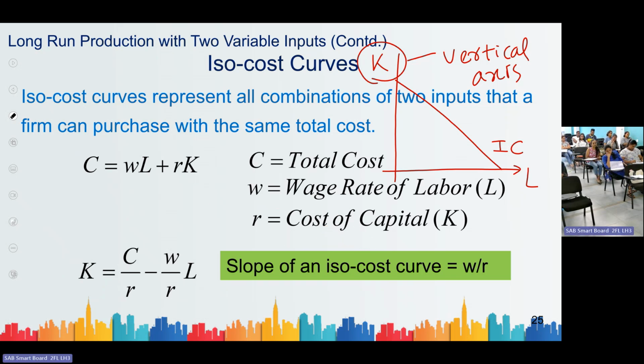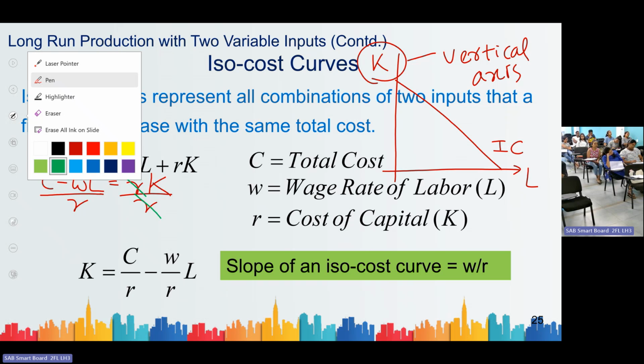By doing some modification to this expression, we can derive this. We can bring this WL to the left, C minus WL. So on the right hand side, we have R into K. And then we can divide both sides by R. Then R over R gets cancelled out.